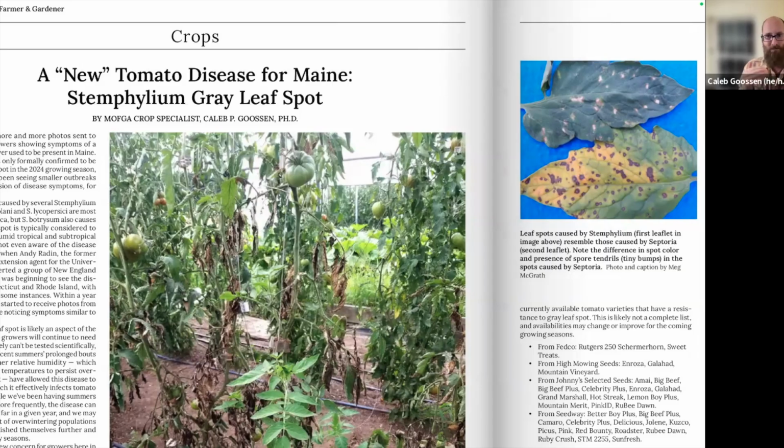So if you're in southern Maine, warmer, more humid, you do any sort of covered growing, you really need to pay attention. Or just grow a resistant variety, and then you don't have to worry about it. If you're in Aroostook, it's probably not going to hit you for a little bit, but it might make its way up at some point. So just know that it's a thing, that it exists.